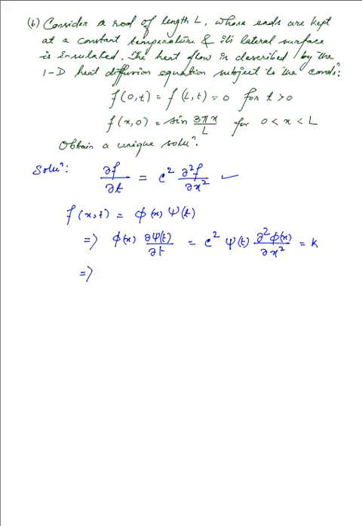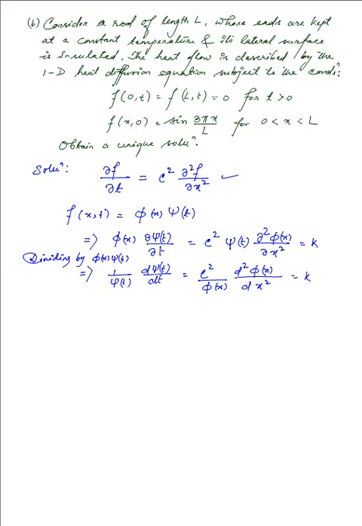So, on the left hand side, dividing by phi x times of psi t, we have 1 over psi t d psi t over dt is equal to c squared over phi x d square phi x over dx squared, and that is equal to k.